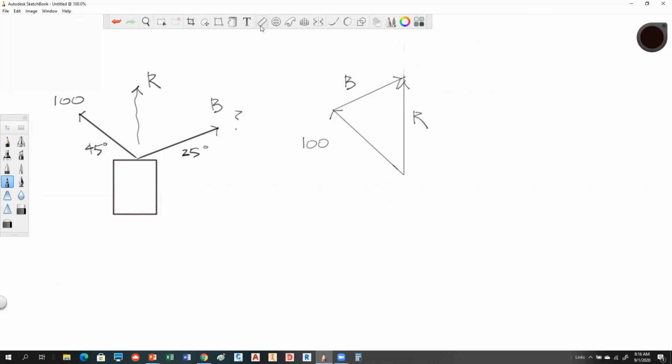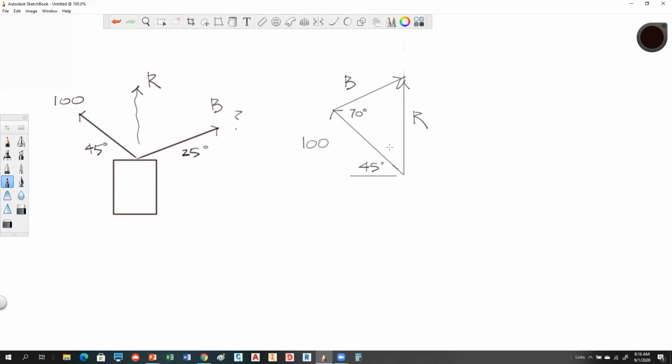And if we have a truly horizontal line here, then this angle also has to be at 45. Now also knowing if we have that parallel, that horizontal line here, we know that this is 25 and this is 45. So when we add those two together, that would give me an angle of 70 degrees in here.